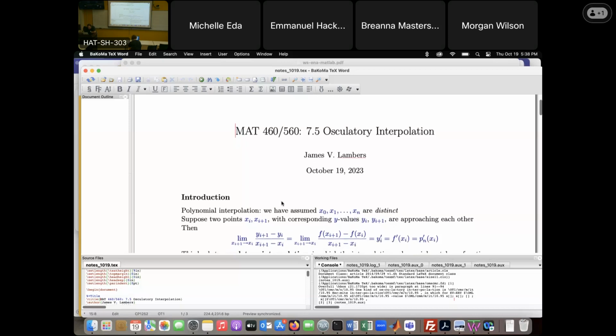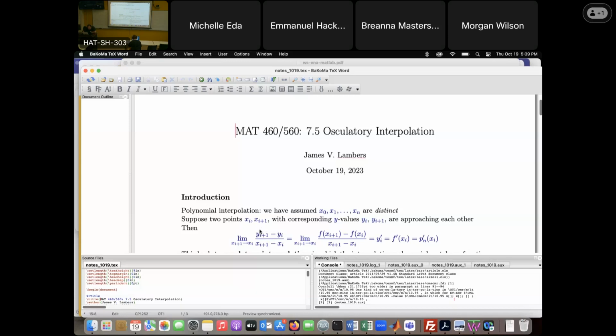So let's suppose we have two distinct x values, x_i and x_{i+1}, and here are the y values that go with them. And you let x_{i+1} approach x_i. So we're taking this limit, in other words. As x_{i+1} approaches x_i, we examine this difference quotient, difference in y values over difference in x values.